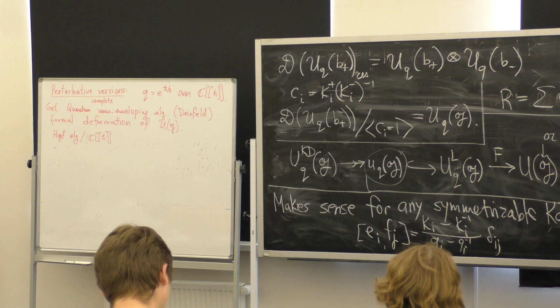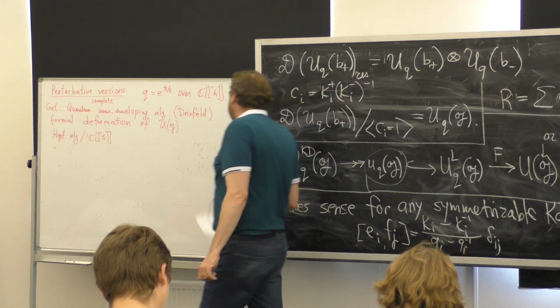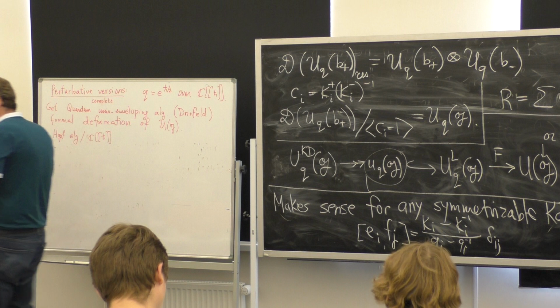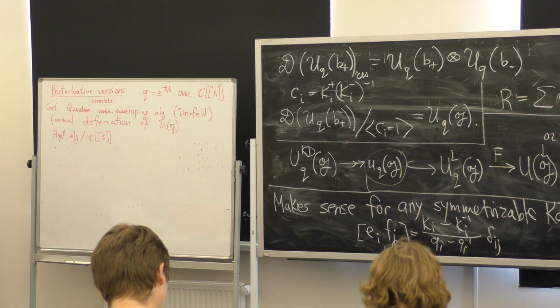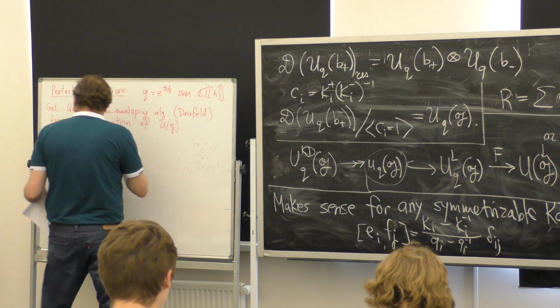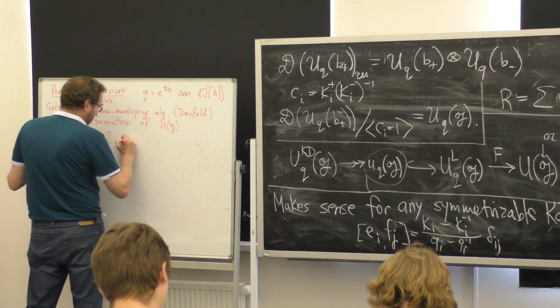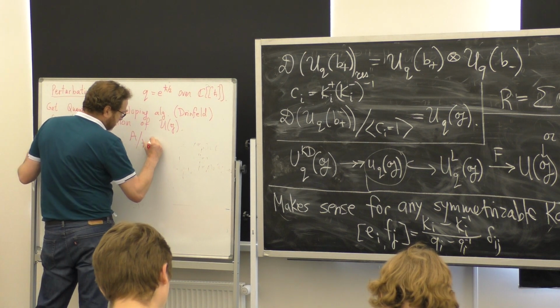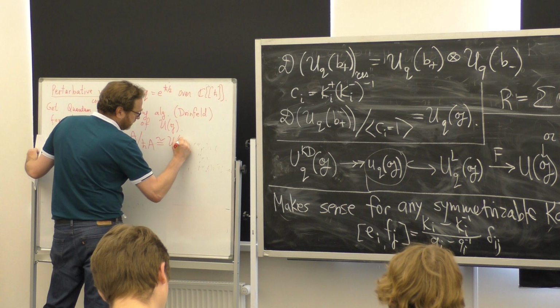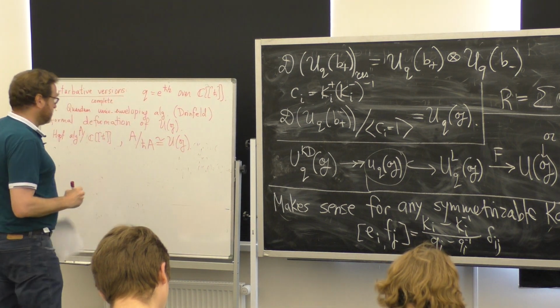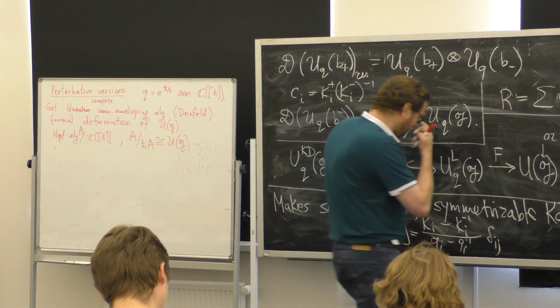In particular, when you take the tensor product of two spaces, you're supposed to complete it with respect to this topology. So you have a Hopf algebra A over this ring, and then A over hA is identified with U(g). So it's just a formal deformation in the sense of formal deformation theory.